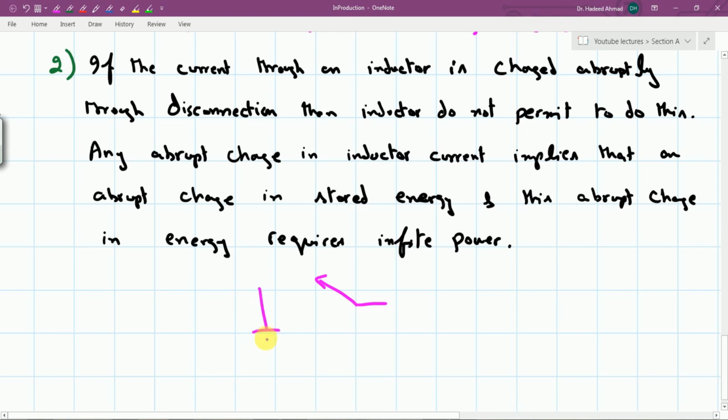For instance, we have a given circuit here, and let us say that this is throw number 1 and this is throw number 2, and we have an inductive circuit here. So you should notice here that this pole is always connected in series with this inductor, right? Because an inductor is never to be open circuited.